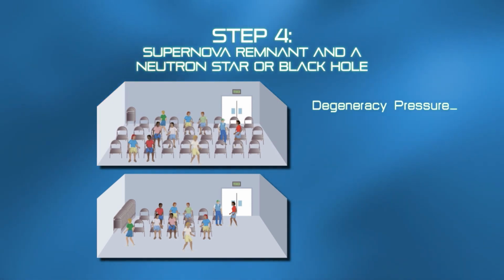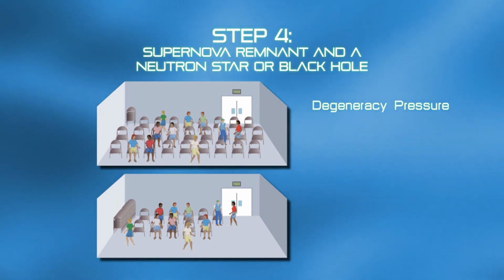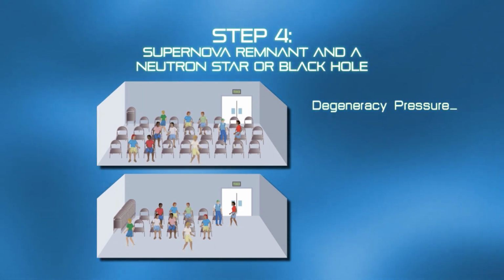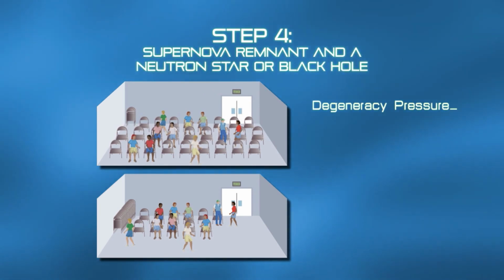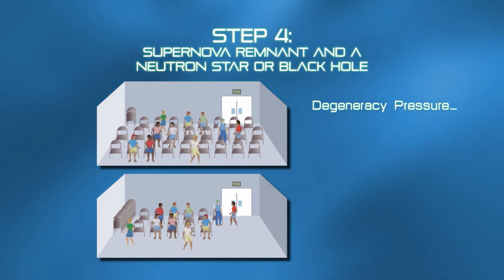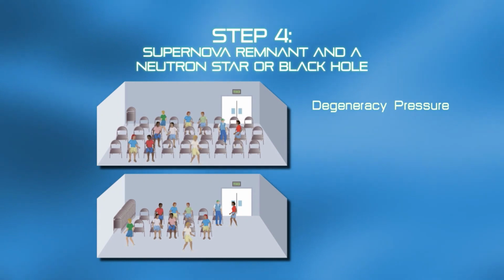If you reach that capacity, but don't exceed that capacity for neutron degeneracy pressure, then you've packed together the neutrons as close together as humanly possible. That would be like a classroom that has the capacity to seat 90 students. If every single student were occupying their own chair, if I had 90 students in a classroom with 90 seats, that's the capacity of that classroom.